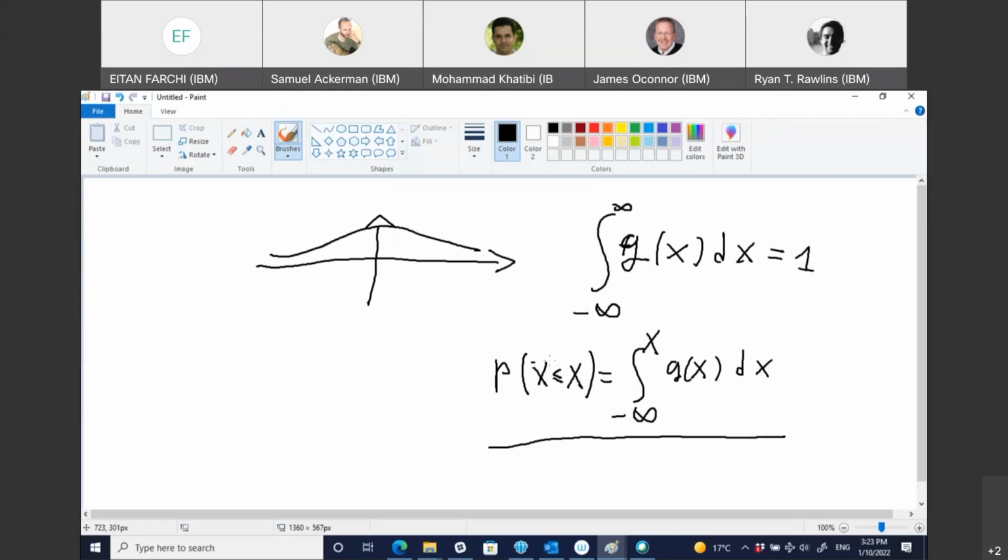So what's the probability of the random variable being less than x? It's just the integral between minus infinity and x of the density. So that's one of the ways to express probabilities with densities. Now, assume you have a density, what's the probability of a random variable with a density having a specific value, say 0? What's the probability of that?